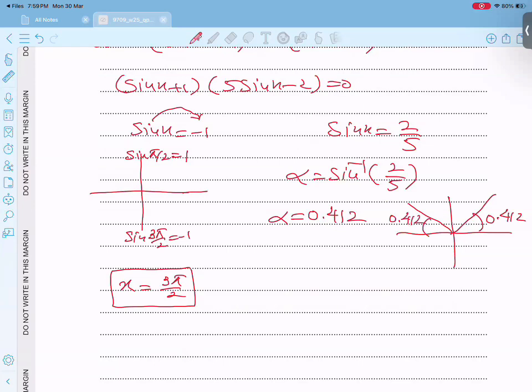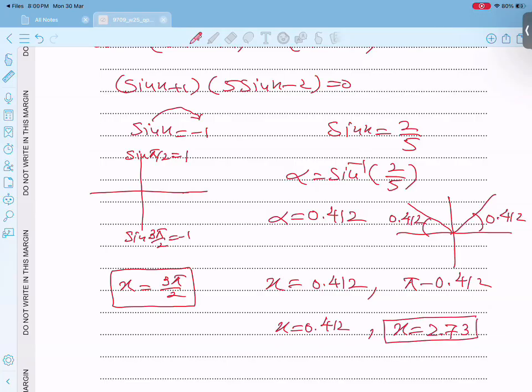So what is my first answer? First answer is 0.412, and the second is pi minus 0.412. If I subtract from pi, I'm getting the other answer, 2.73. I hope the point is very clear.